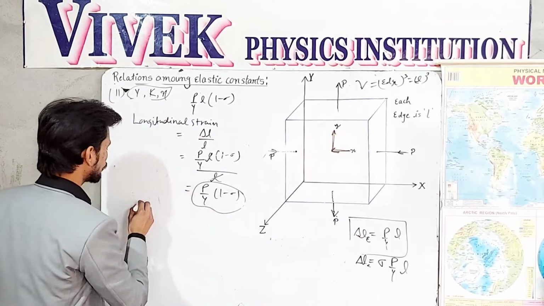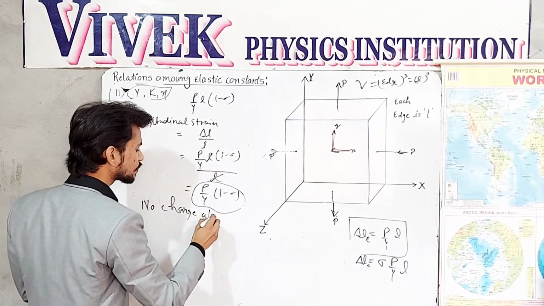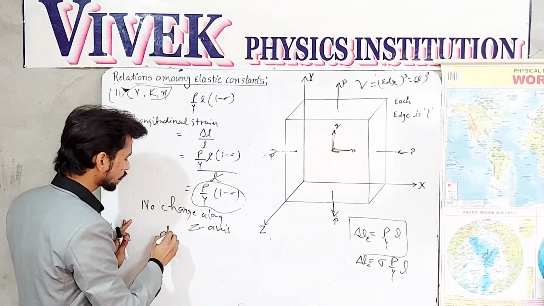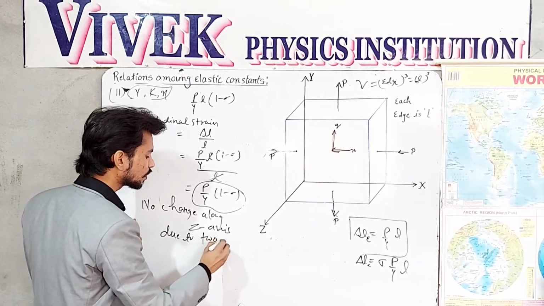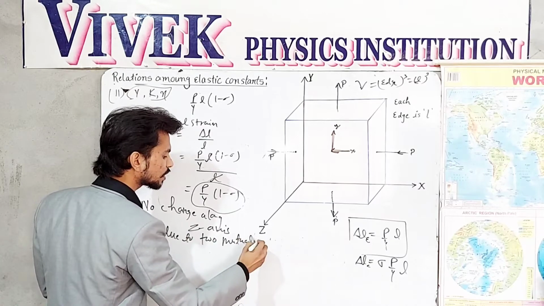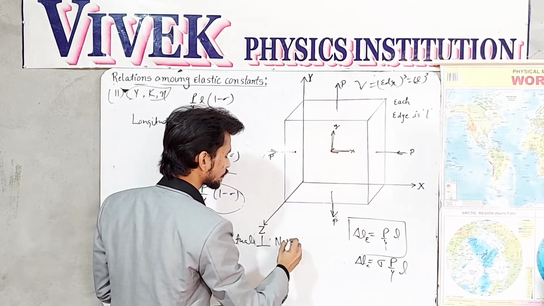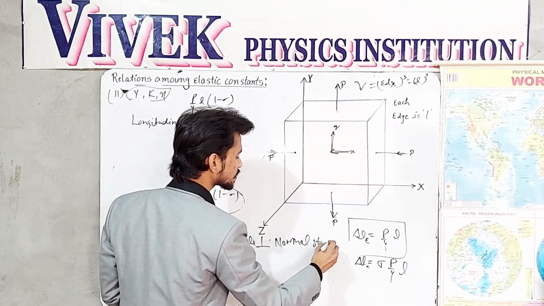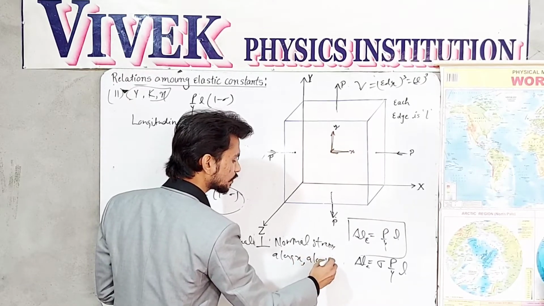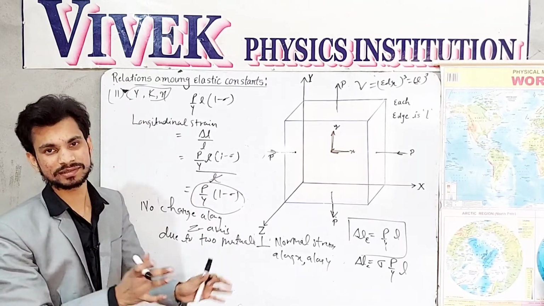Okay, because there is no change along the z-axis, and due to two mutually perpendicular normal stresses along the x-axis and along the y-axis, this causes no change in the z-axis.